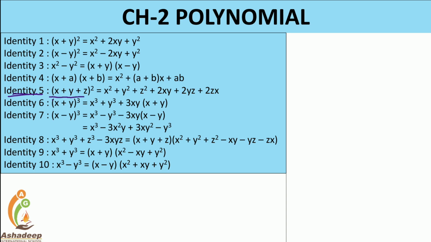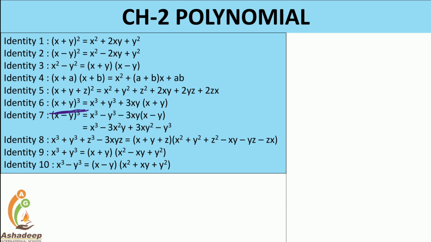So x plus y plus z whole square is nothing but x square plus y square plus z square, then 2 into xy, 2 into yz, 2 into zx. xy first, yz, and then zx. So in that manner you can remember this.